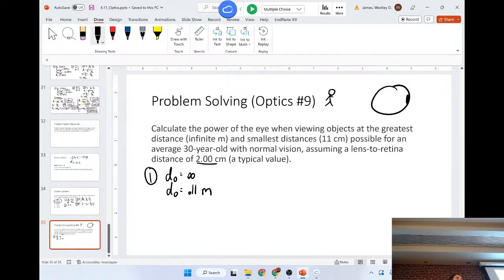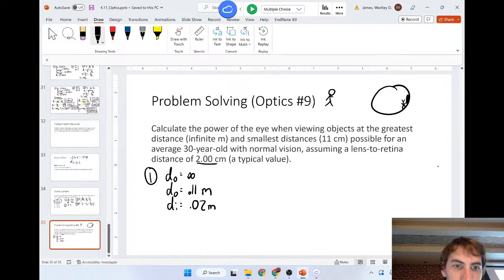If so, that would mean that all light you're looking at would focus there, and that would be very bad. It is where my little upside down person will be. Remember, your eye flips images, and then your brain flips it back. So this lens to retina distance is actually the image distance. Regardless of anything you look at in the world, the image distance is from the front of your eye to the back of your eye, assuming you have it in focus.